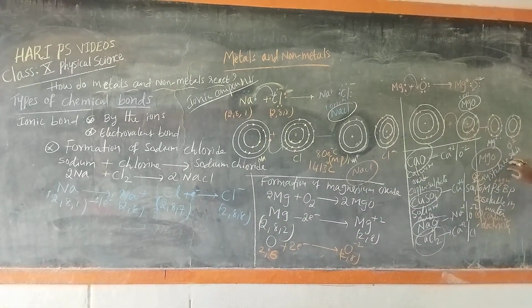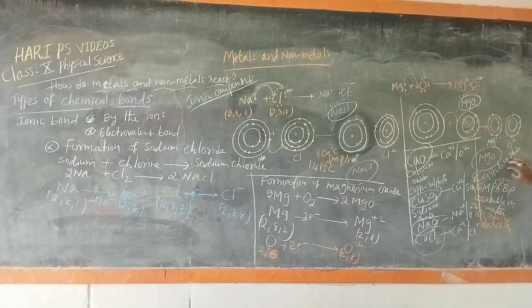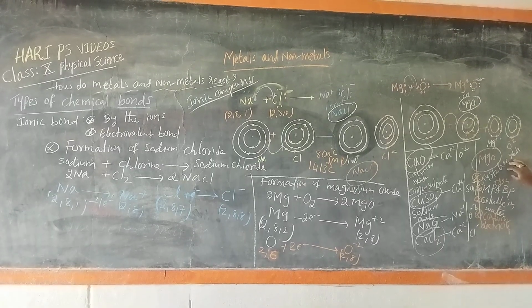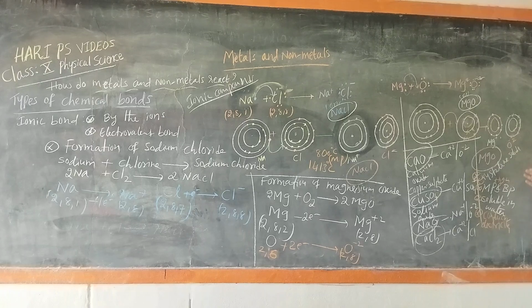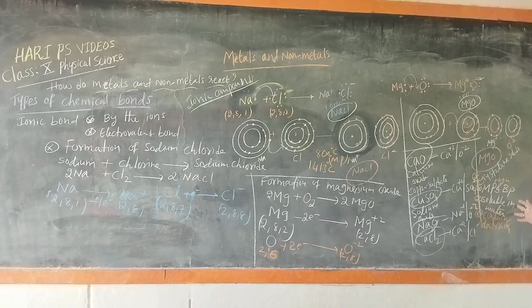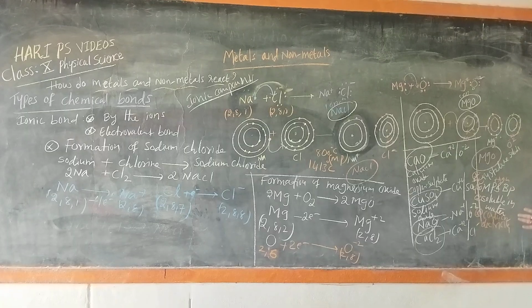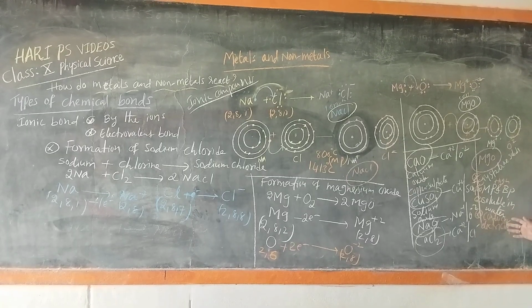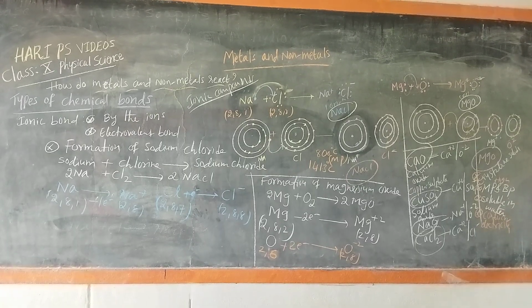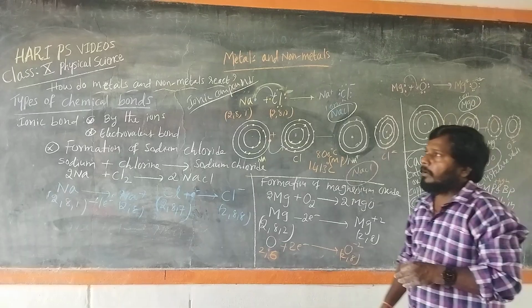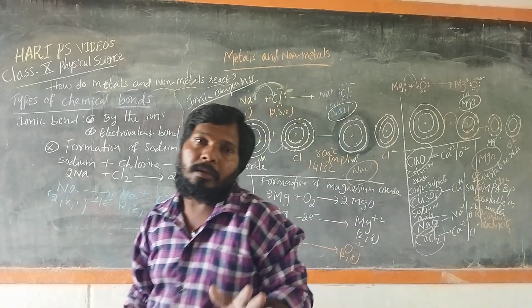They are crystalline solids with high melting points and boiling points, soluble in water. Sodium chloride is common salt with crystals having a high melting point and boiling point, soluble in water. When dissolved in water, they are good conductors of electricity. So this is about the ionic bond.